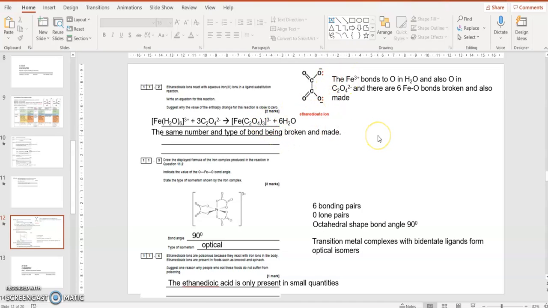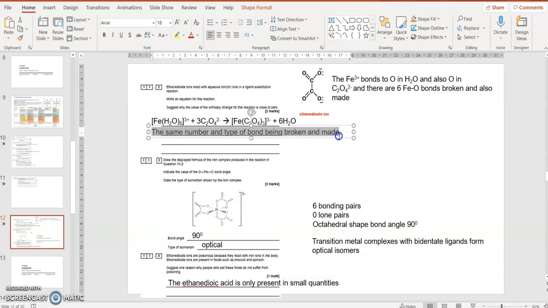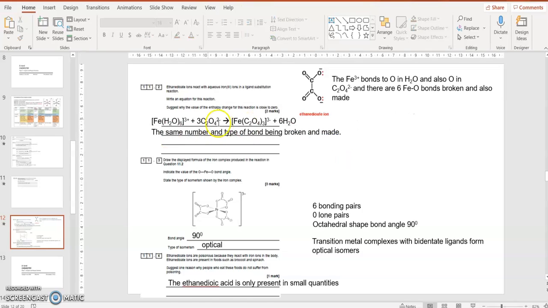Ethane dioate and 1,2-diaminoethane are bidentate ligands. Why does the enthalpy change stay roughly the same? The number of bonds being made and broken, because they've still got 6 coordinate bonds around the Fe. Still got coordination number 6.